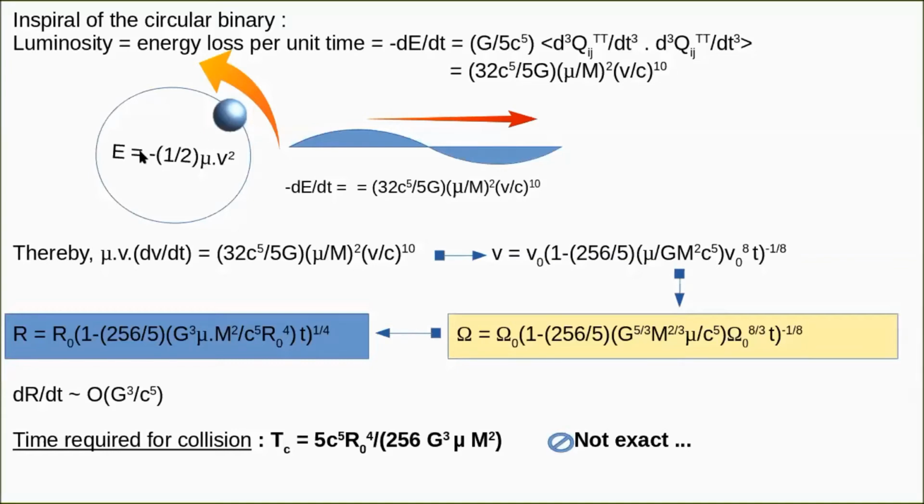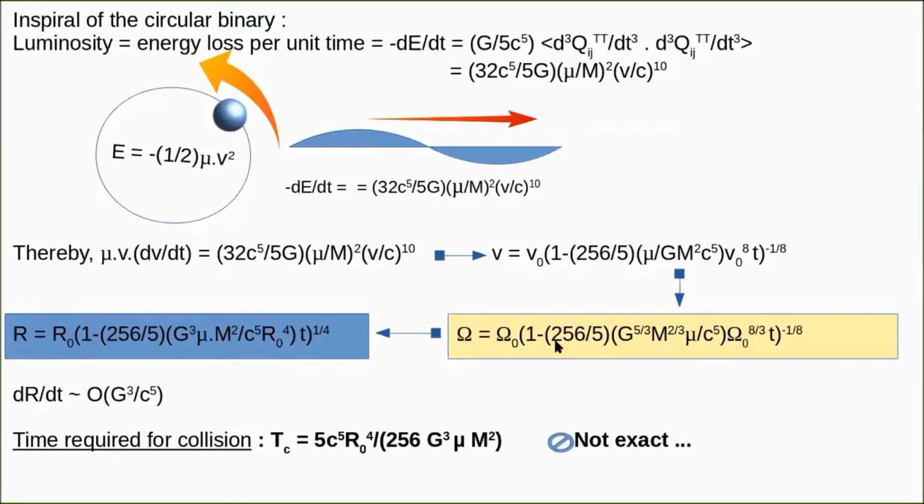We know that the total energy of a binary system is minus half mu v squared. From equating the dE/dt of this with this, we can derive the orbital velocity with time, as well as omega and the radius of the orbit with time.